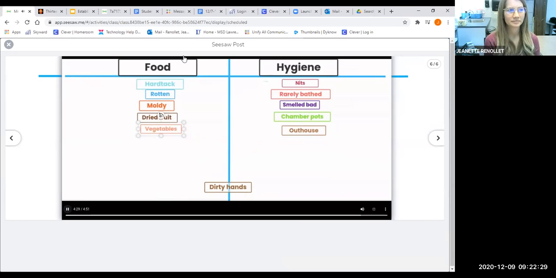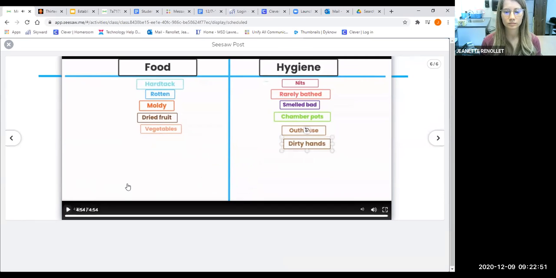And let's say you don't know what that word says. You come along that word and you're not sure how to pronounce it. Well, if the context of the page is talking about food, then this must mean a type of food. And last but not least, dirty hands. Do you think dirty hands would be talked about in the context of food or hygiene? Hygiene is correct.